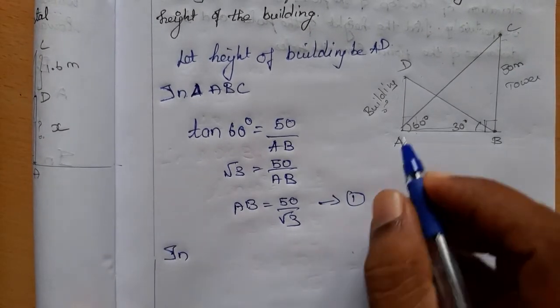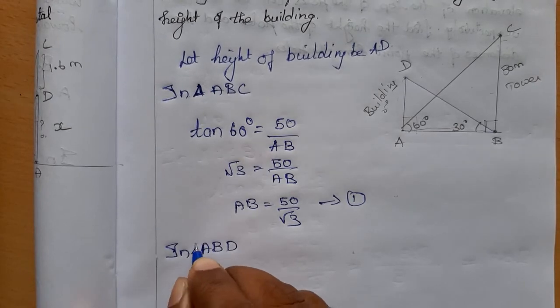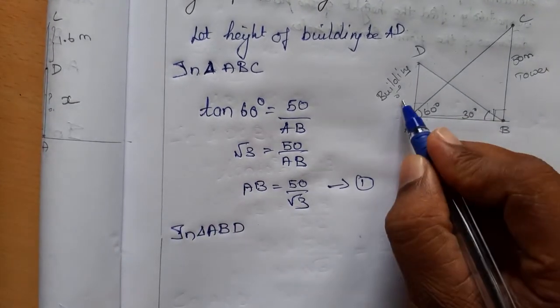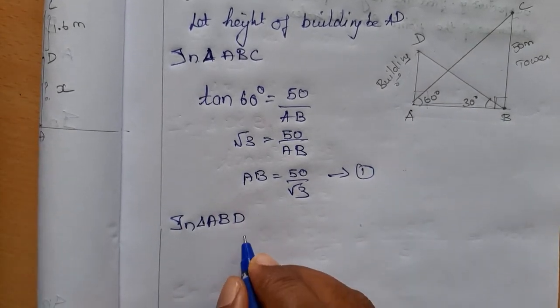So we are going to get one more value for AB, so we are going to equate it. The next triangle, ABD, has the 30 degree angle, and the opposite side is the building AD, which is what we have to find, and AB we know already, right?